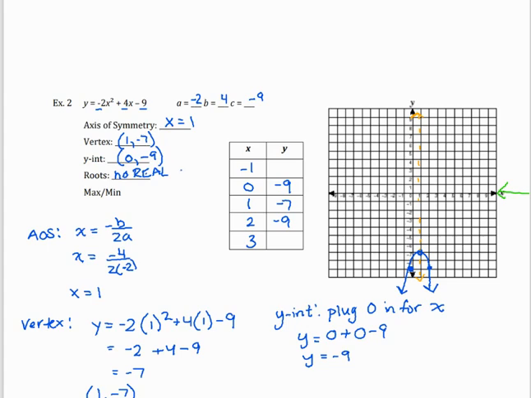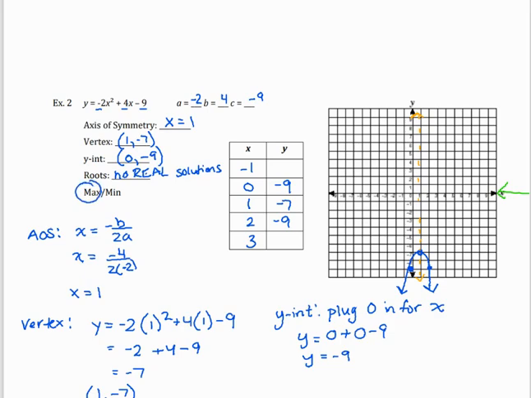We may have imaginary ones, but I do not have a real solution. If I did cross the x-axis, then I would jot down those ordered pairs. And last but not least, do I have a maximum or a minimum? Well, that graph is going down. I know that from the negative out front. And so because it's going down, we have a maximum.